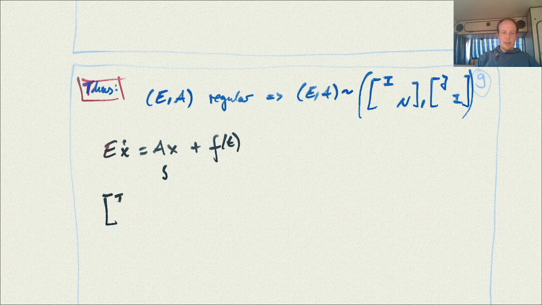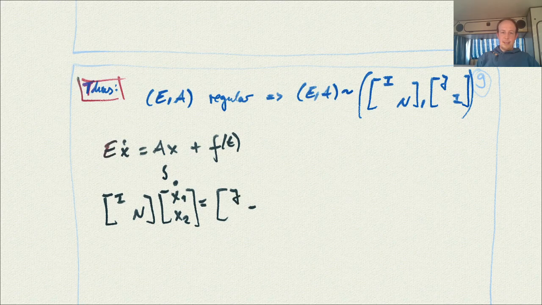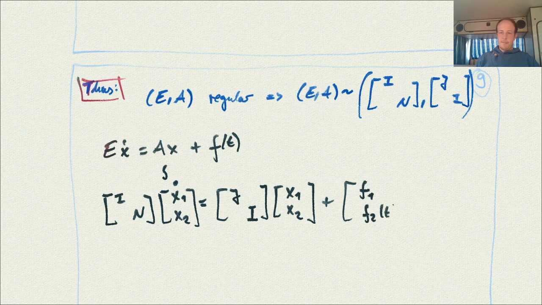And now I write it down in all details, just so that we have it once and for all: x1 and x2 dot being equal to the transformed A, this is J times identity, times x1 and x2, plus f1 and f2 of t.